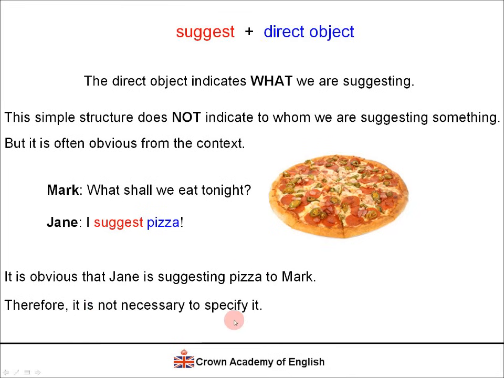Therefore, it is not necessary to specify it in the sentence. Okay, so Mark obviously knows that Jane is speaking to him. So it is not necessary for Jane to say, I suggest pizza to you. Okay, we do not need an indirect object. So if we need to specify the person, then we use an indirect object.